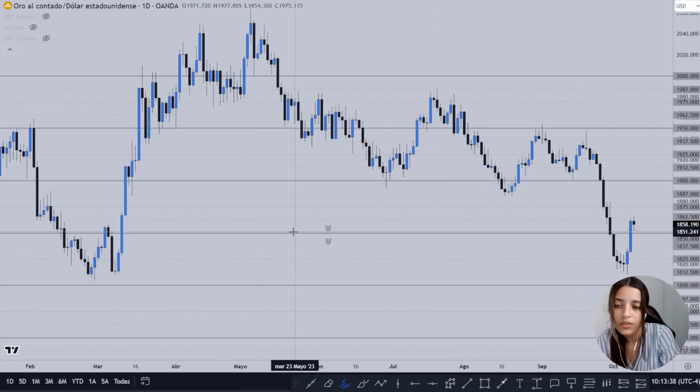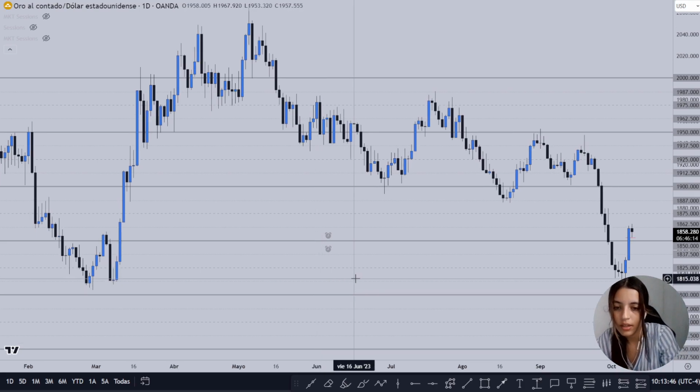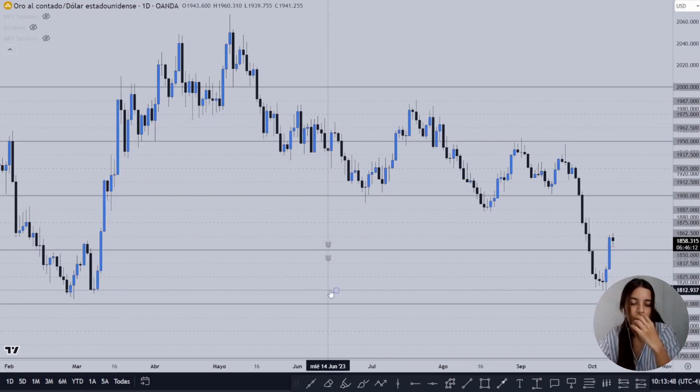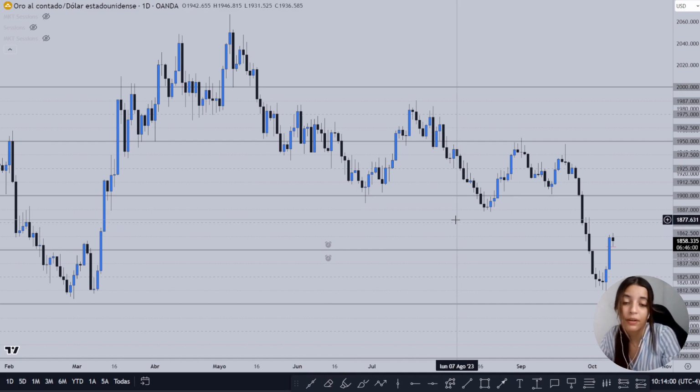So using these levels helped me improve my entries, and it gives you more confidence in your bias once price breaks one of those levels or keeps rejecting the middle range.